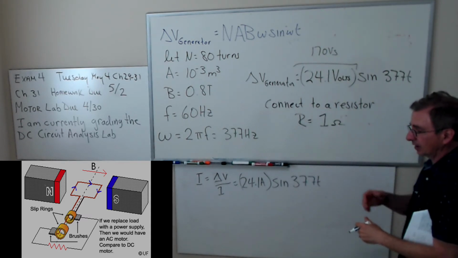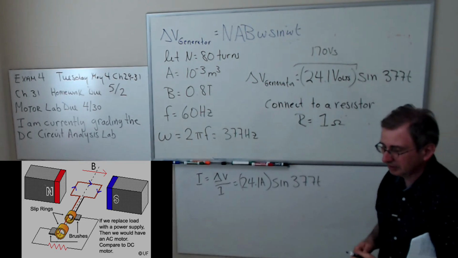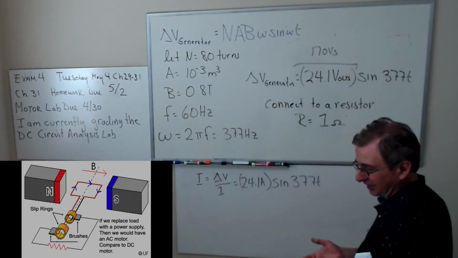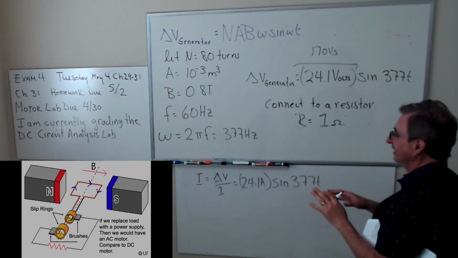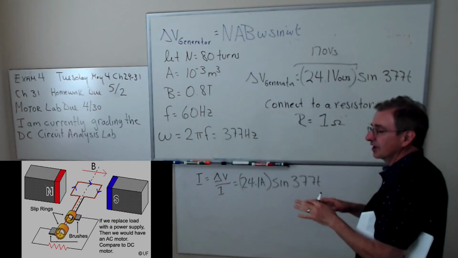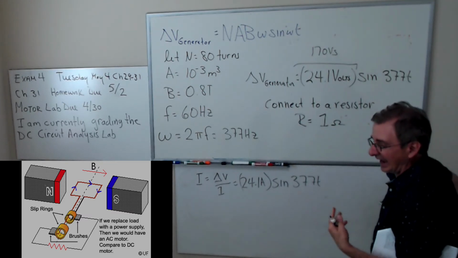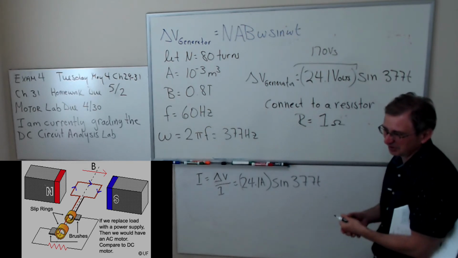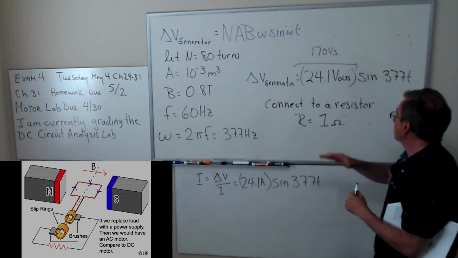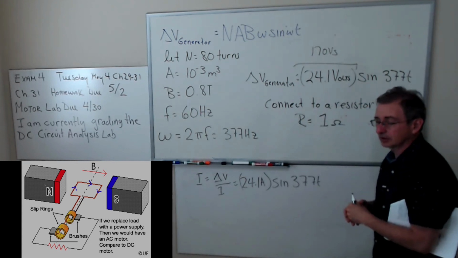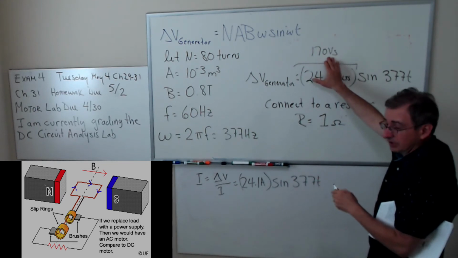Some of you might be saying, wait a minute, isn't it 120? That's a different number. The 120 is a special way to average it, and I'll talk about that in chapters 30 and 33. It's called a root mean square average, the root mean square average of this function. But the peak voltage coming out of your outlet is 170 volts.